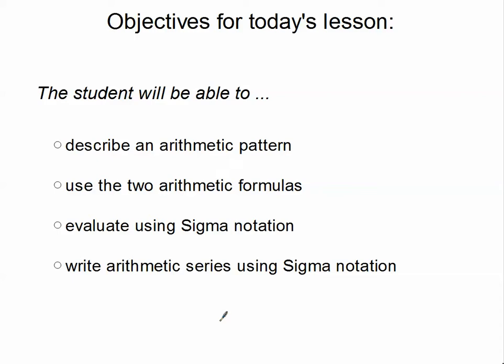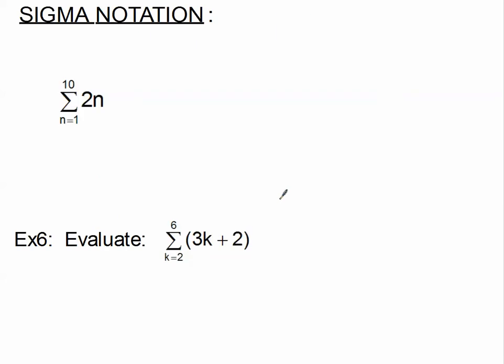In this second tutorial, we will begin to evaluate using sigma notation and to be able to write arithmetic series using sigma notation. So if you would turn over to this part of our notes, sigma notation.